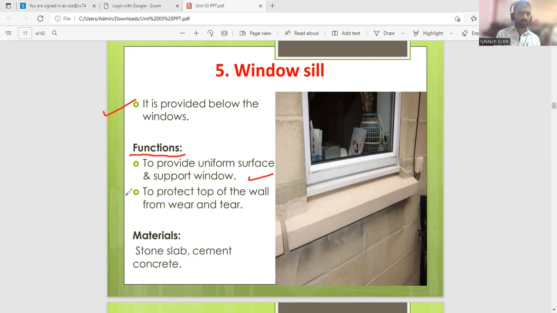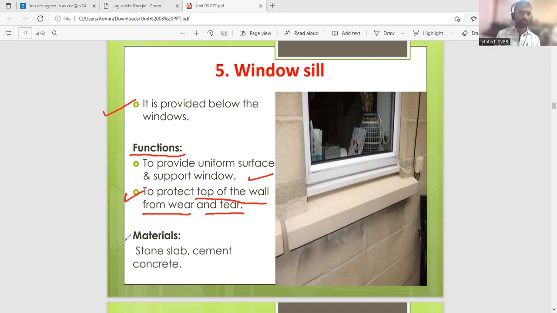Next, to protect top of the wall from wear and tear.